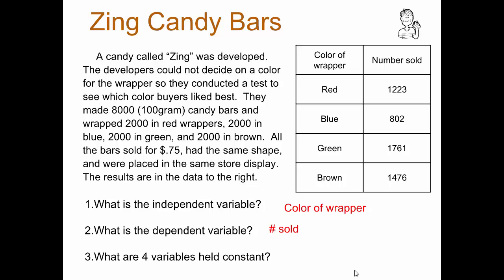Same size. Avery? The same place. They were in the same place. Madeline? Same amount sold. No, not the amount sold, because that was different for each group. They made the same number of them. So there's lots of things they held constant.